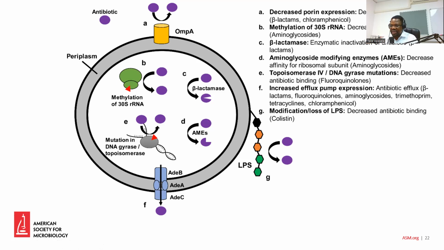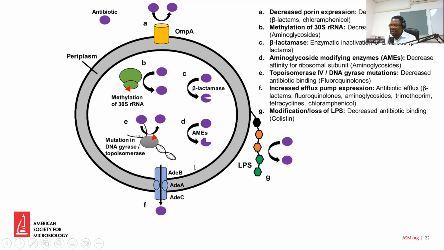And here in E, we have the topoisomerase 4 and the DNA gyrase mutation that lead to the decreased antibiotic binding, especially with the fluoroquinolones, because they act on nucleic acid. And in F, you can see that there is an increased efflux pump expression.